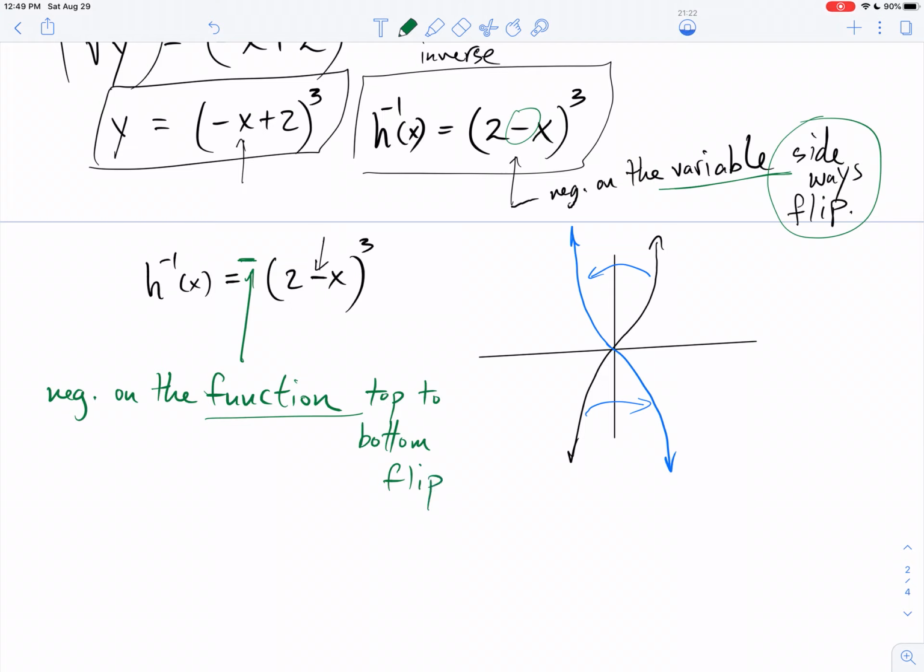Now, we have already done top to bottom flips, but watch. If I took the original and I said, let's flip it top to bottom, then what's up would be down, what's down would be up, and that would mean this.